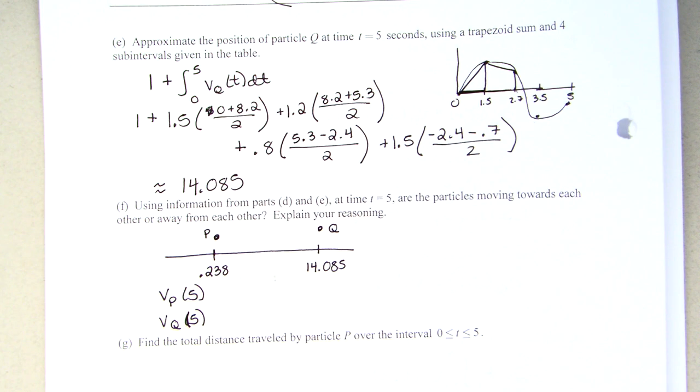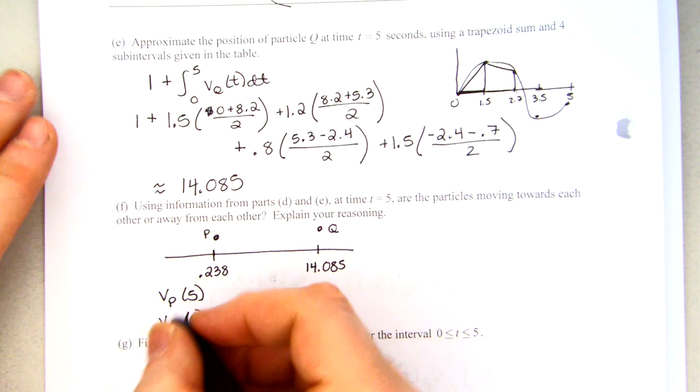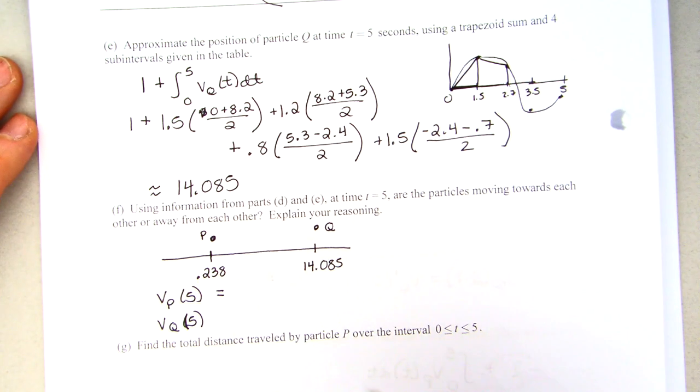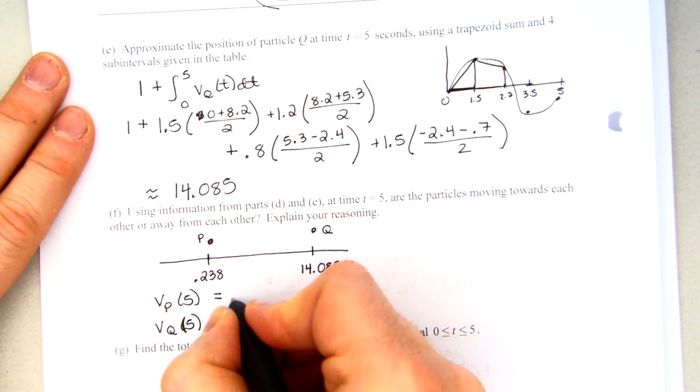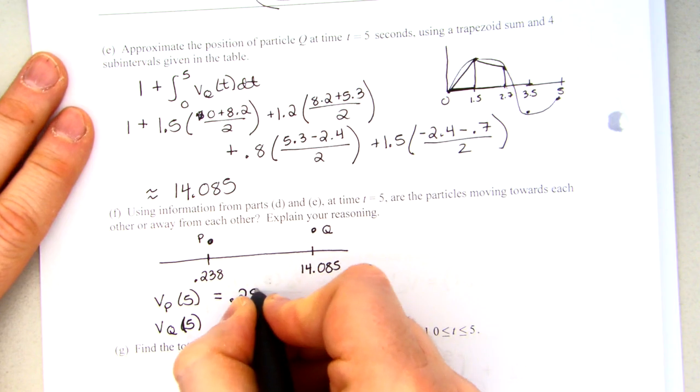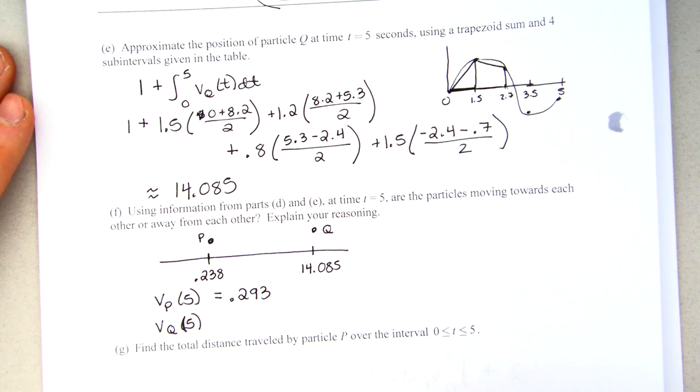How about 5, not 0.5? Maybe 0.293 for particle P.